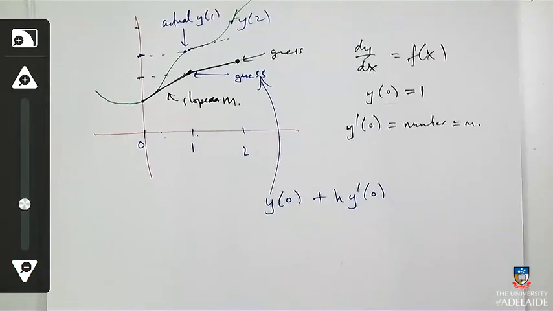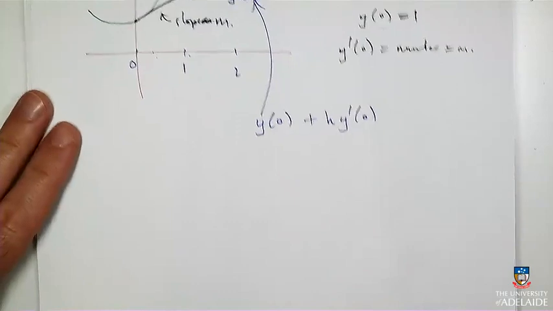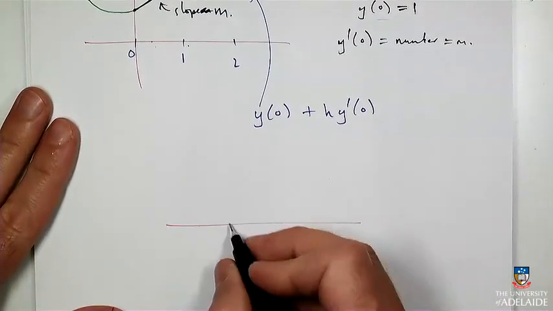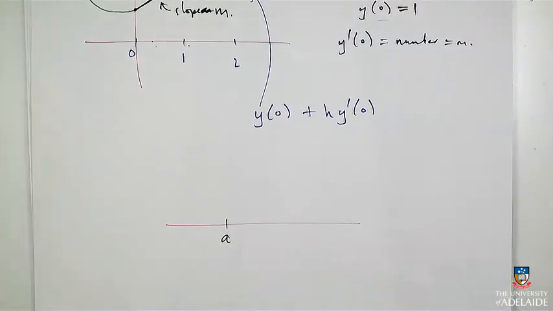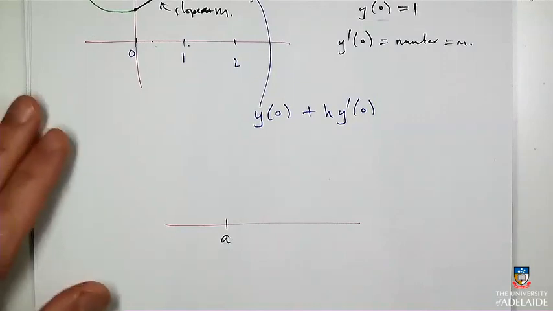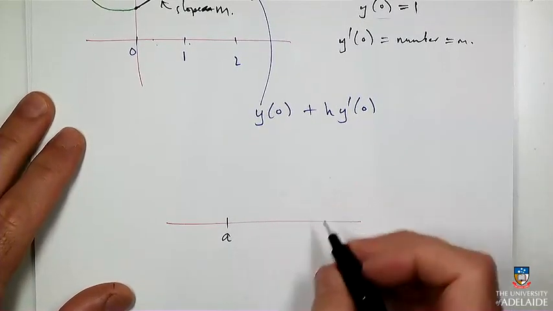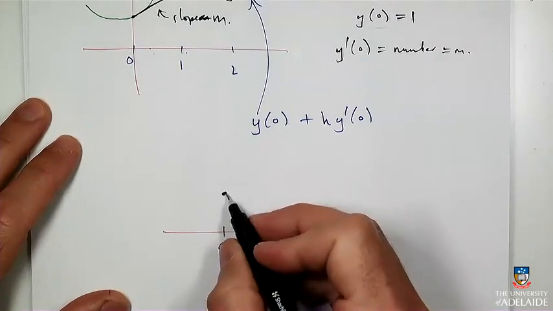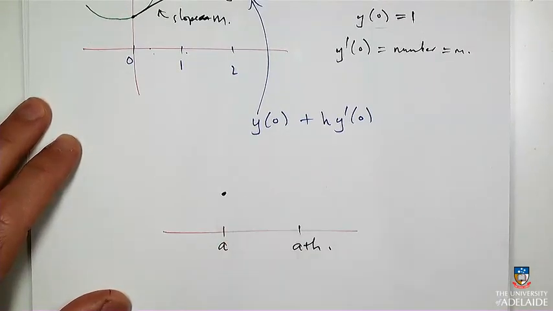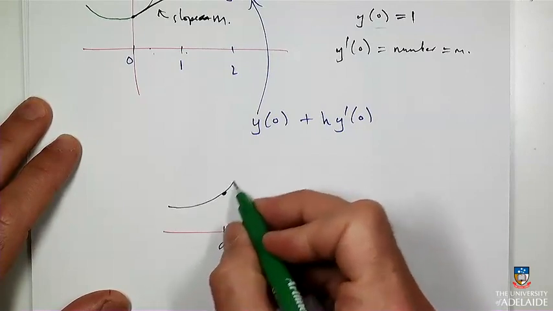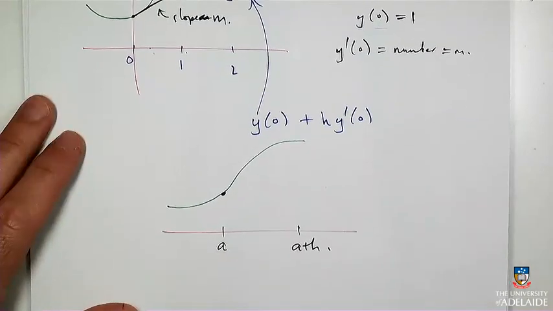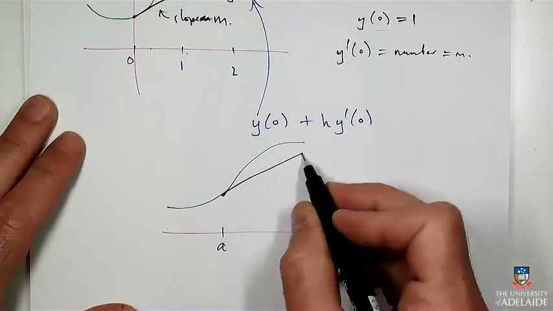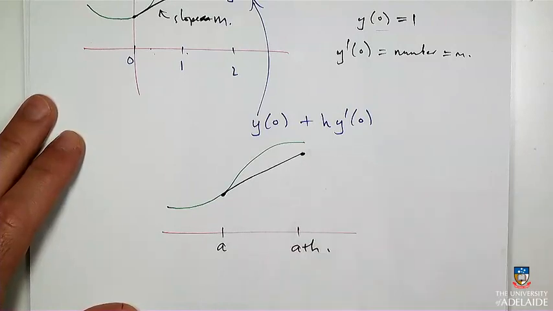So if you start at the point a, and then you want to go over to here, a plus a little bit, and this is the value you've got, and this is your actual solution. You don't know what that is, but you do know the slope at that point. That's your guess.